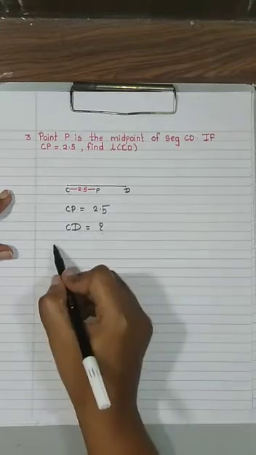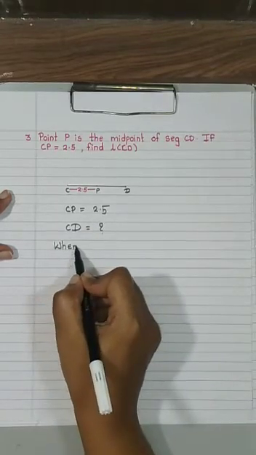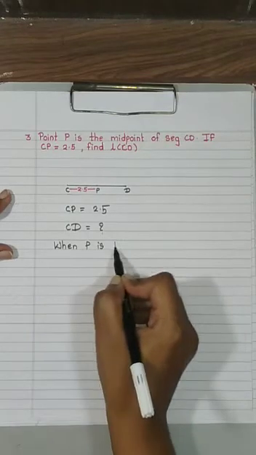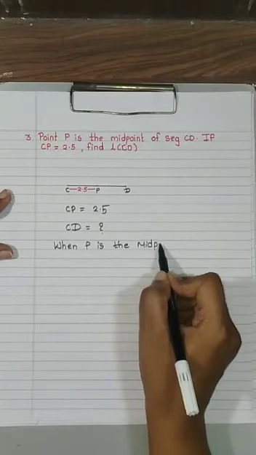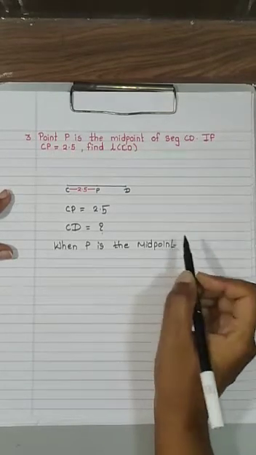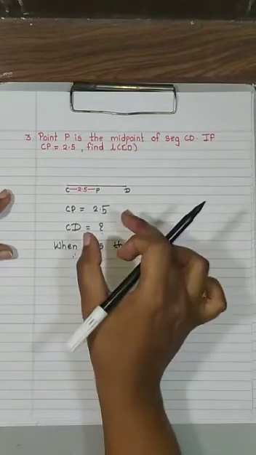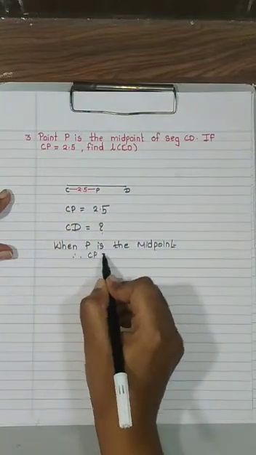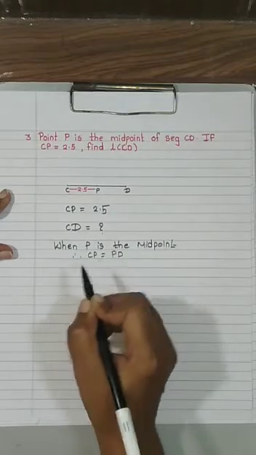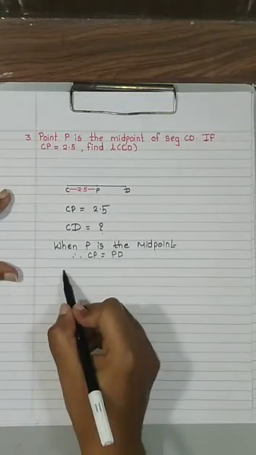Now when P is the midpoint, therefore what will happen? As it is the midpoint, CP is equal to PD. Now what is CD?